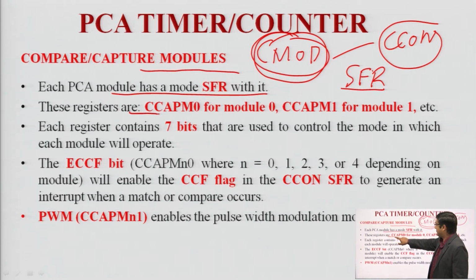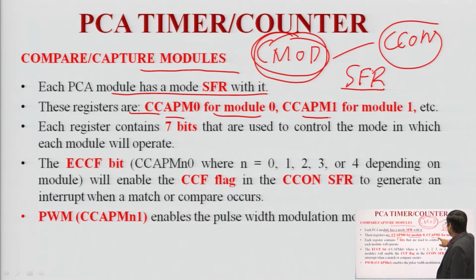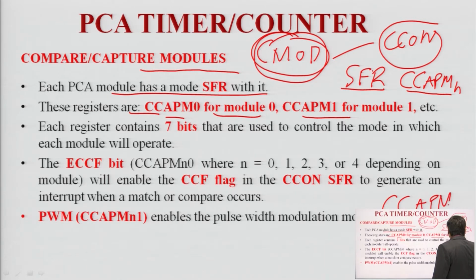In addition to the registers CMOD and CCON, there are some more registers: CCAPM0 for module 0, CCAPM1 for module 1. Similarly, let us write it as CCAPMn, the capture compare module mode register. So, I am writing again CCAPMn, where n represents the module, which varies from 0 to 4.